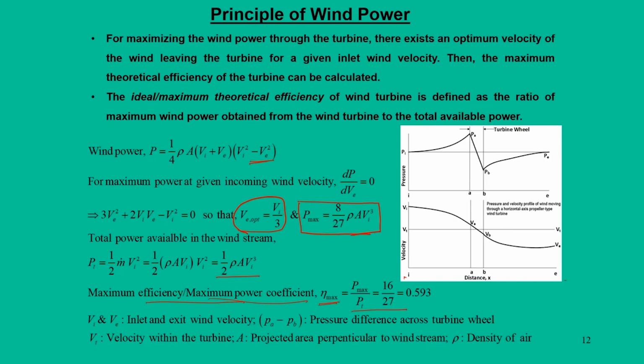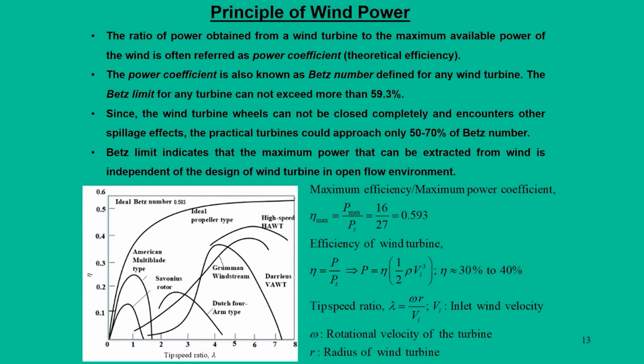This number is most familiarly known as the Betz number, or the Betz limit, which does not exceed 59.3% or 0.593. For all wind turbine analysis, the Betz number is the optimum that any turbine cannot approach. We call this an ideal propeller type turbine.